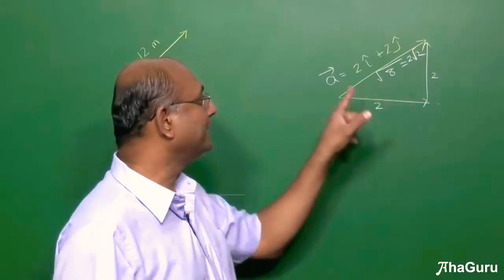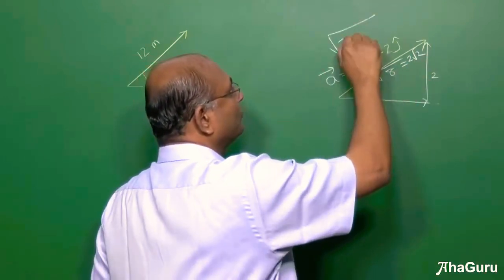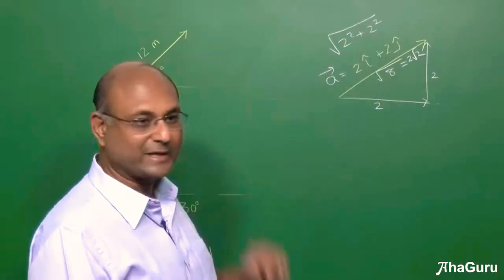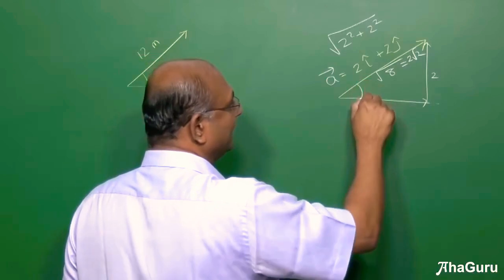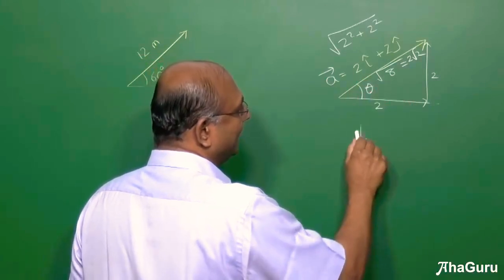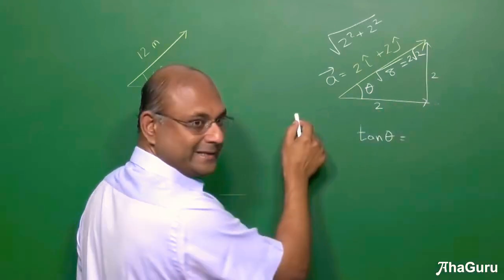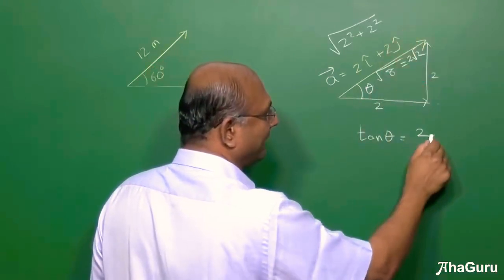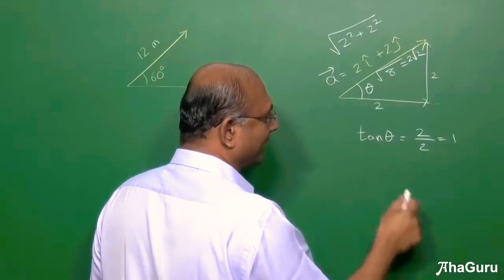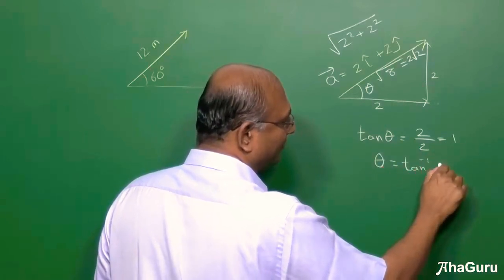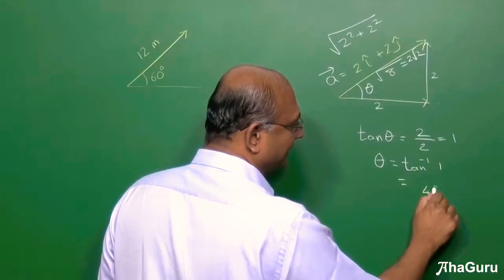Okay? So the length is root of 2 square plus 2 square. Basically root of x square plus y square. So that's very straightforward. And you want this angle theta. Tan theta is y by x. The y value by x value is going to give me 1. So theta must be tan inverse of 1. Tan inverse of 1 is 45 degrees.